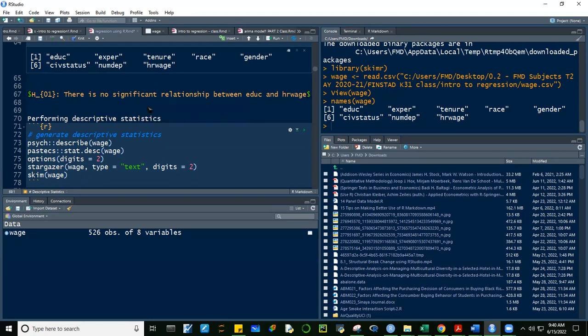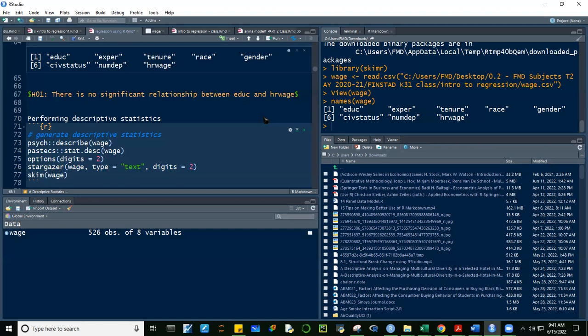Anyway, so our null hypothesis H01: there's no significant relationship between education and hourly wage. And of course, the alternative hypothesis is there is a significant relationship between education and hourly wage. I noticed in research papers, this is the weakness of many students. They don't know how to write hypotheses.